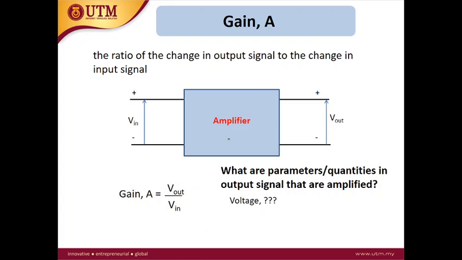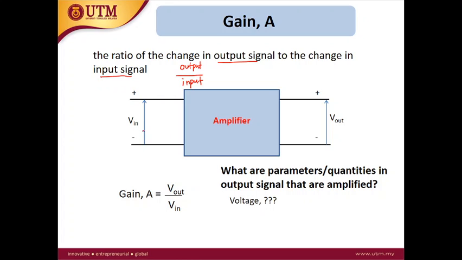Okay, so first the gain. The gain is the ratio of the change in output to the change in input, so output over input. If we consider the voltage amplifier, we have the input voltage. In an amplifier, we have the input port and the output port. For every port, we should have another reference port, so that's why we have the plus and minus here.